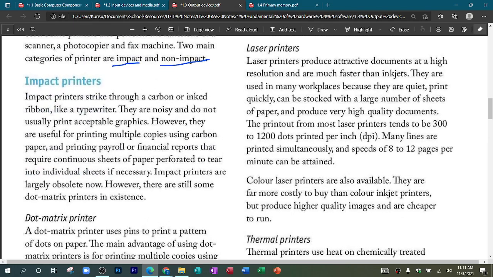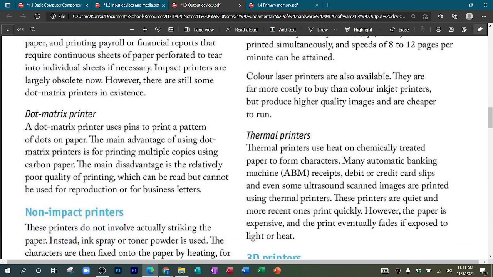So, impact printers, as I explained, make contact. The one example that we have is the dot matrix printer. This makes a pattern using a ribbon and a needle that strikes through that ribbon and makes a pattern on the paper.